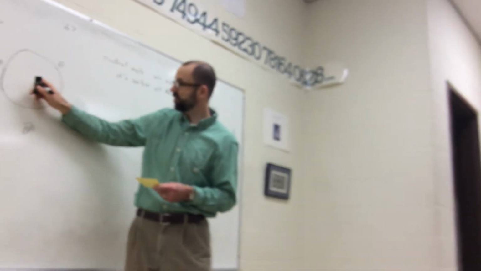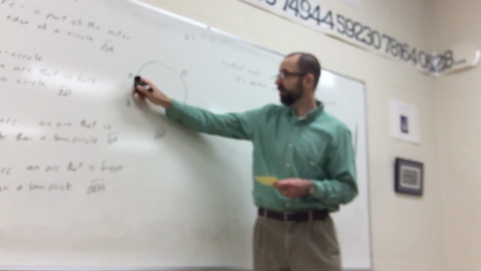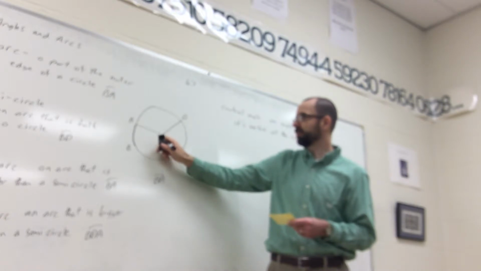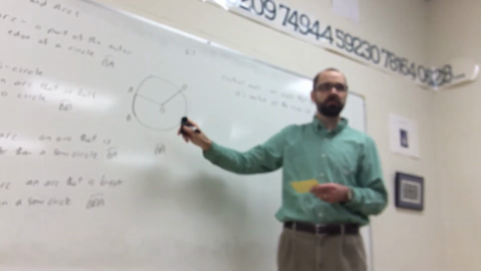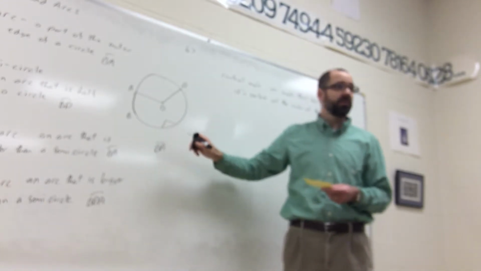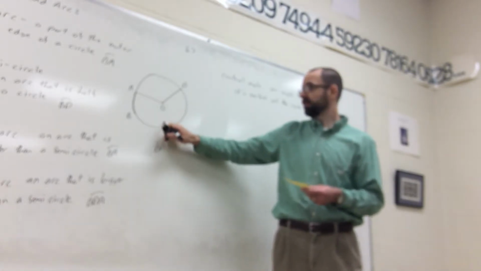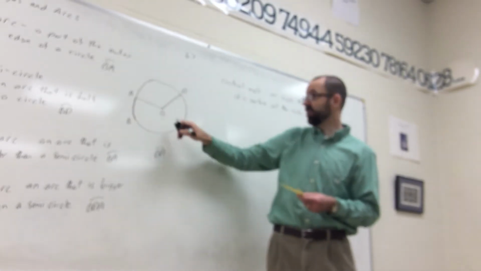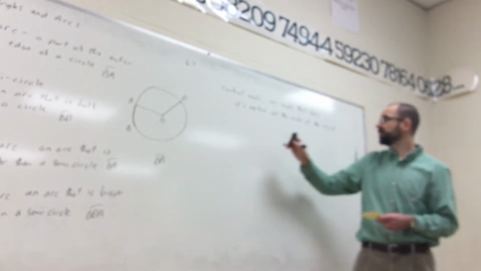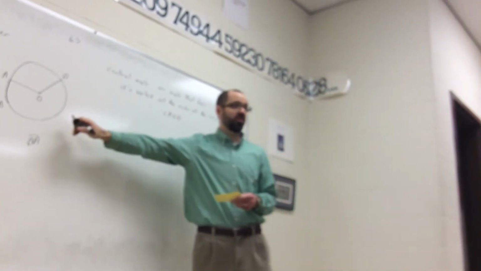So here's the center of this circle. And then I can draw an angle there. I'm going to call that point O. There's other angles in the circle. You could draw an angle here, but that wouldn't be a central angle because the vertex isn't at the center. So this angle, whose vertex happens to be at the center, is called a central angle. So in the picture, an example is angle AOD.